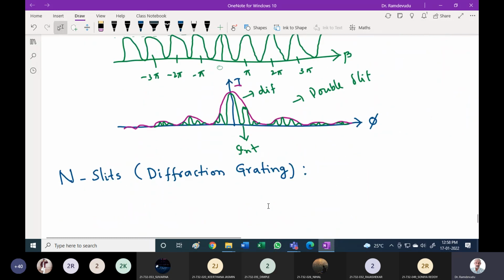Therefore, the N slit diffraction intensity pattern consists of the single slit diffraction pattern over which the superposition of the interference of N lights coming from N slits is present. In tomorrow's class, we will derive the expression for N slit diffraction.